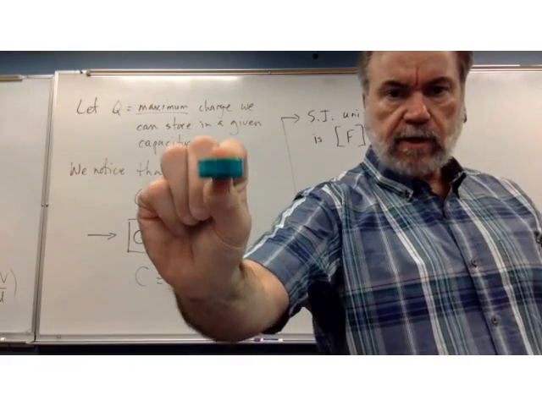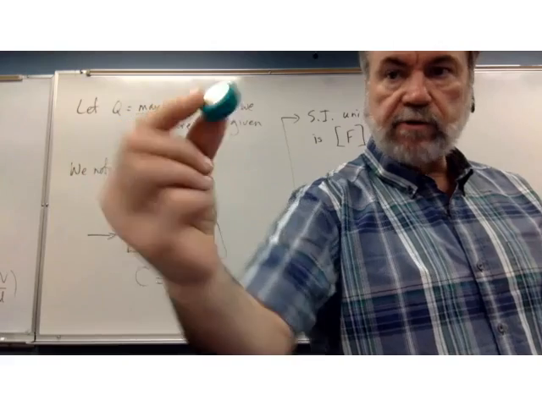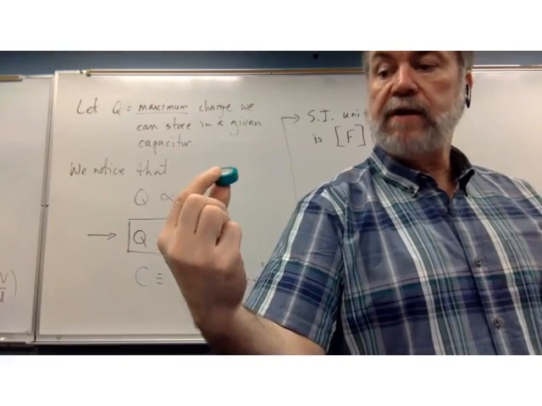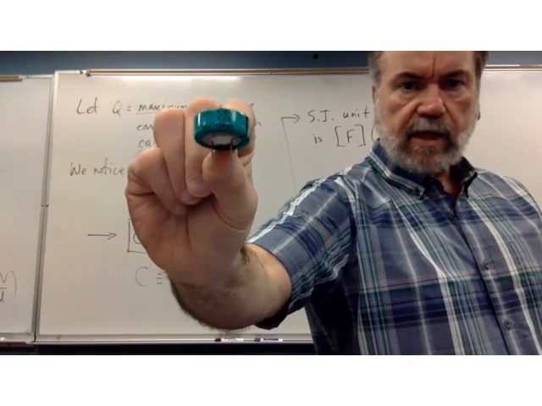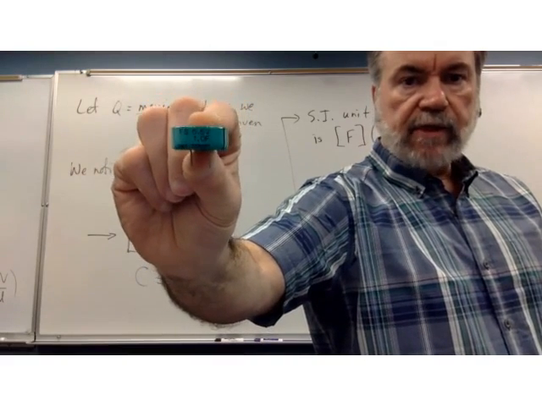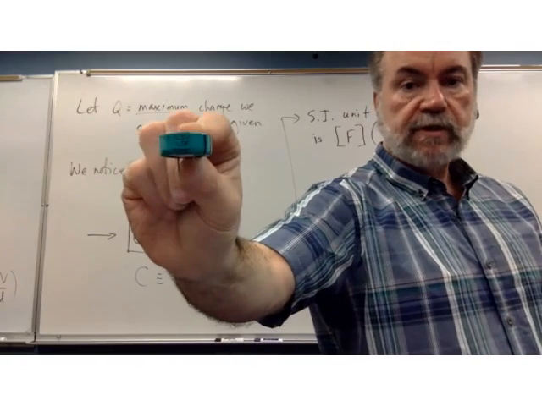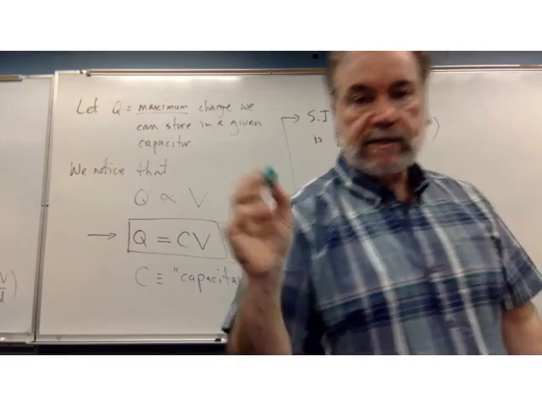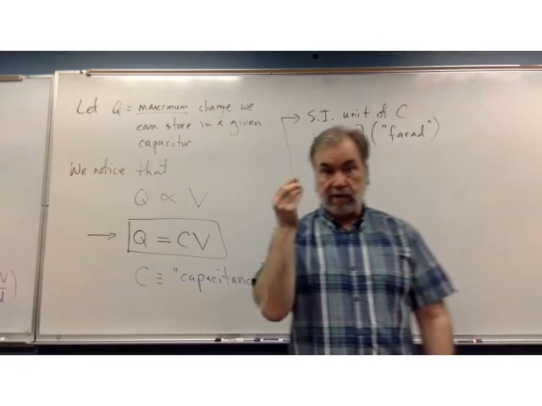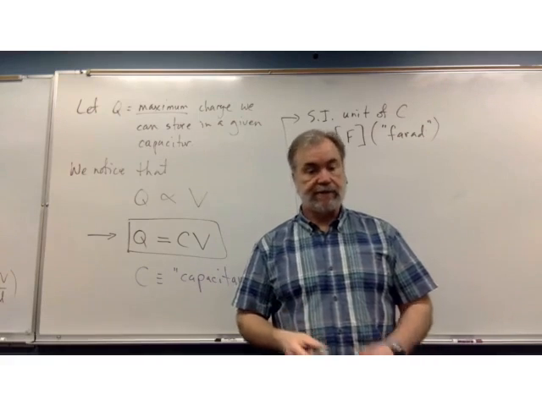In fact, you might even be able to see that printed on there, 1.0F on the second line. Just above that is a rating of 5.5 volts. The meaning of that 5.5 volts is, very briefly, the maximum potential difference that you should place across these capacitor pins. Otherwise, you're liable to damage the capacitor.